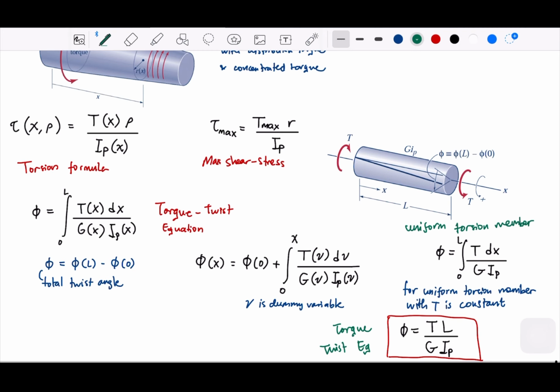So at least two formulas: the shear stress here, and then this twist angle. That's, I think, the more practical approach for torsion. And mostly, like in the exercise, we are dealing with this maximum shear stress and twist angle.